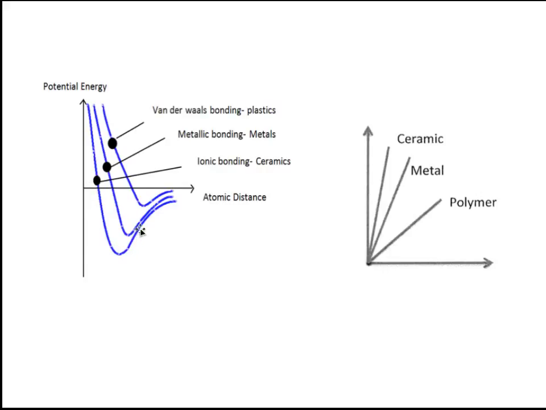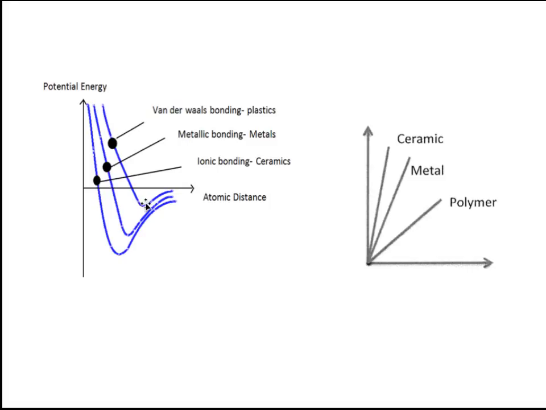Now we can also compare these. We know that the shape of the curve, and as we said, the second derivative at the equilibrium point directly gives us the elastic modulus, or the stiffness of the material.